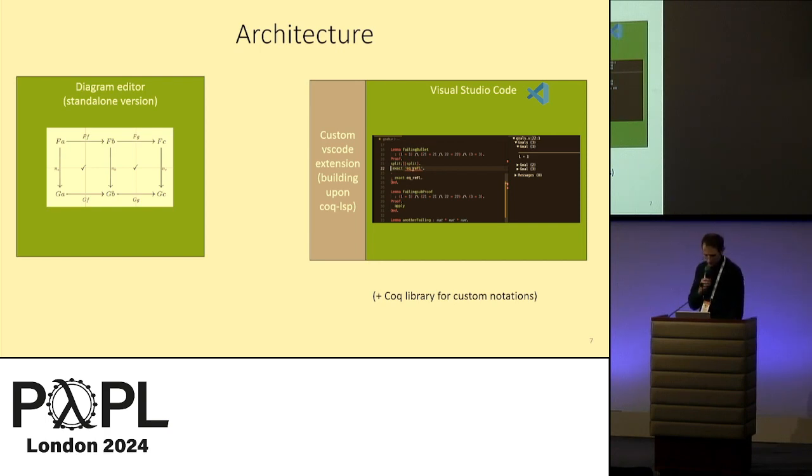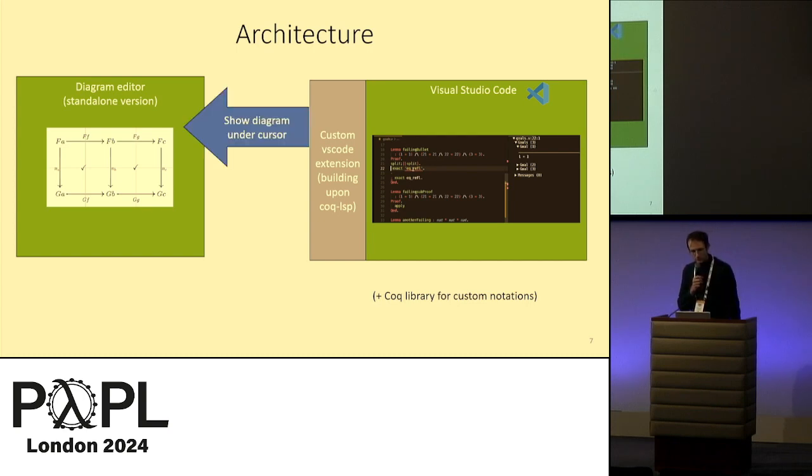And there is also a Coq library for custom notations and for category theory. So what can it do? First, if you move your cursor somewhere in the file, it will show a diagrammatic representation of the goal or of the diagram if it's relevant.